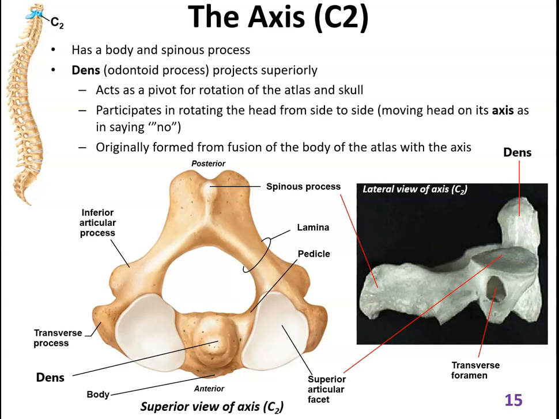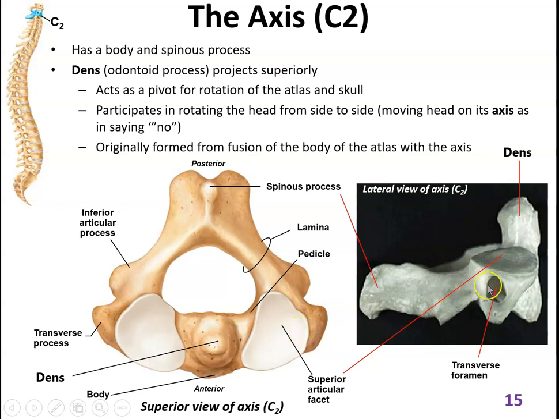The axis is C2, and from this superior view, you really don't see what it's about. But this lateral view, you really would. These superior articular facets face directly superiorly towards the atlas, the bone we just saw.